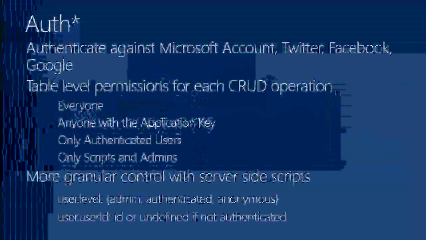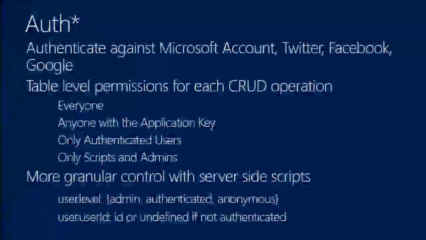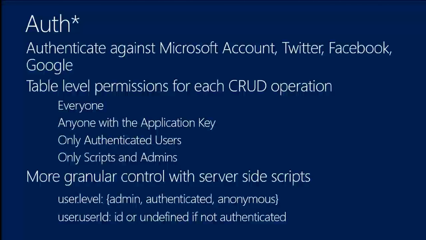So let's talk about auth here. From the auth perspective, out of the box, mobile services supports Microsoft account, Twitter, Facebook, and Google. On those tables that we're creating, by default, when we create them, they're locked down by application key. What that means is the consuming client needs to call that service with the application key that we saw within the portal, and that was passed into the mobile services client.